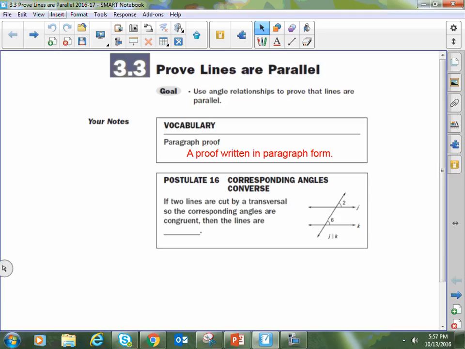So what we saw is in those angle pairs, the relationships was that the corresponding angles, alternate interior and alternate exterior angles, all wound up being congruent to each other, and the same side or consecutive interior angles wound up being supplementary to each other. So here what we're going to be looking at is pretty much the same thing, but from the other perspective.